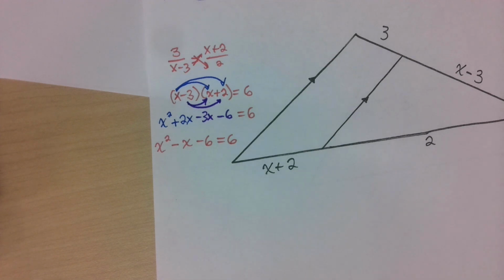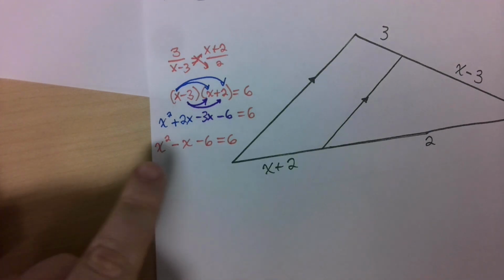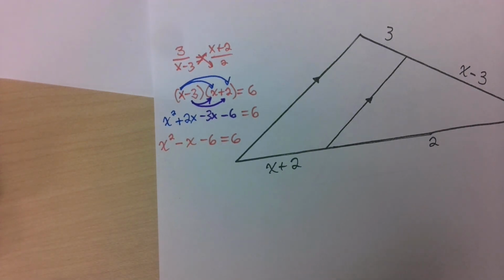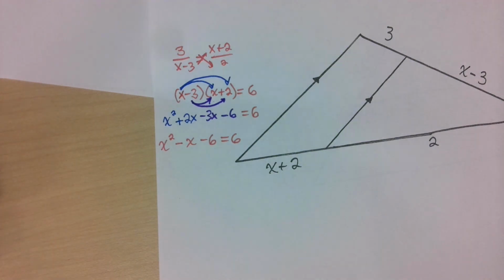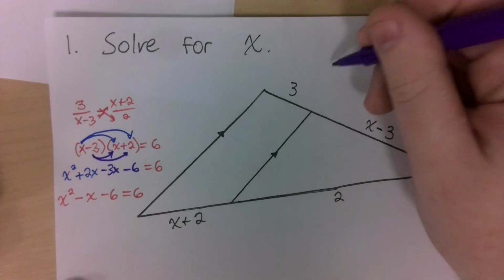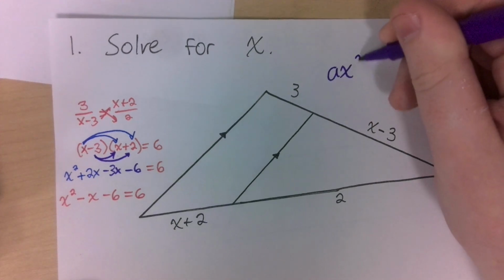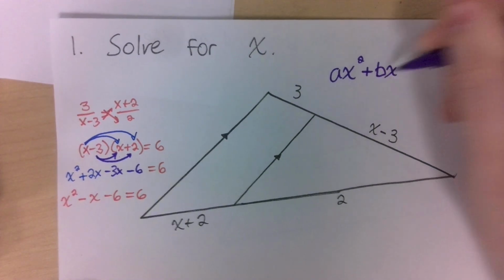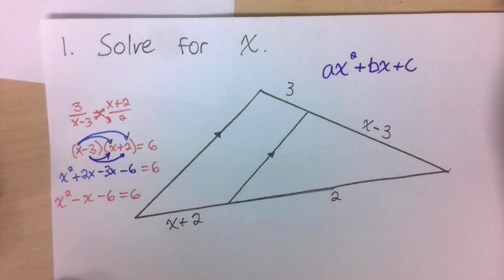This is where we need to go back through the steps for how to solve a polynomial problem. If you're trying to solve a problem that has an x squared in it, the specific version that we call this is a quadratic. So we are solving a quadratic equation. Quadratic equations are anything that's in the form of ax squared plus bx plus c.